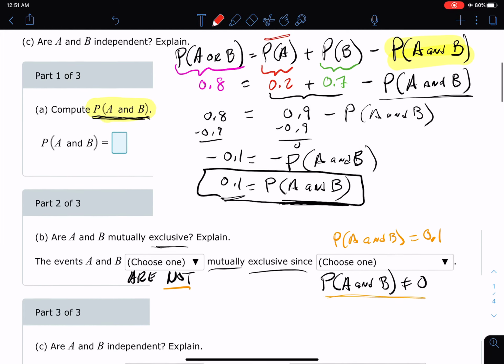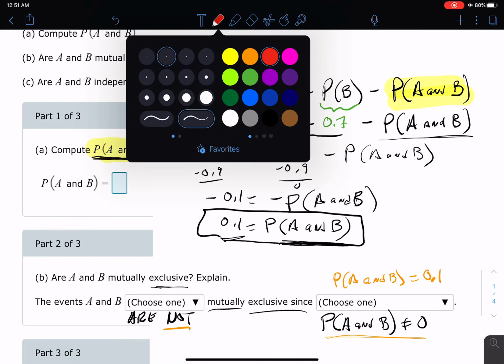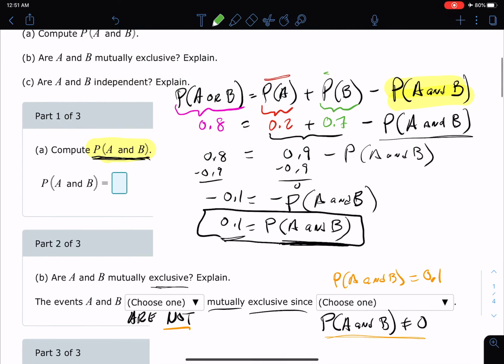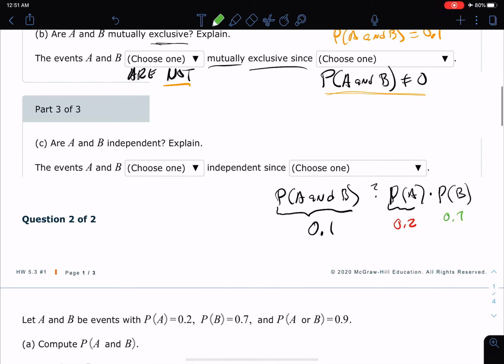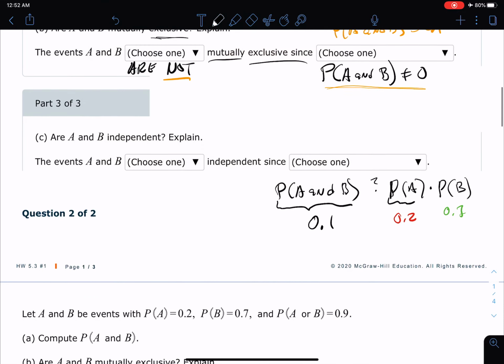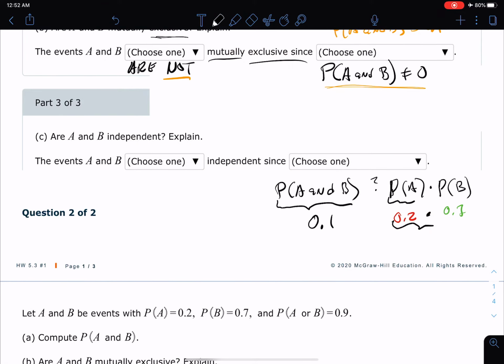And do we know what the probability of B is? Yeah, it was given, and I highlighted it green right here. That was 0.7. And so if you multiply those two, we get 0.2 times 0.7. We multiply that, and what do we get? We get 0.14.